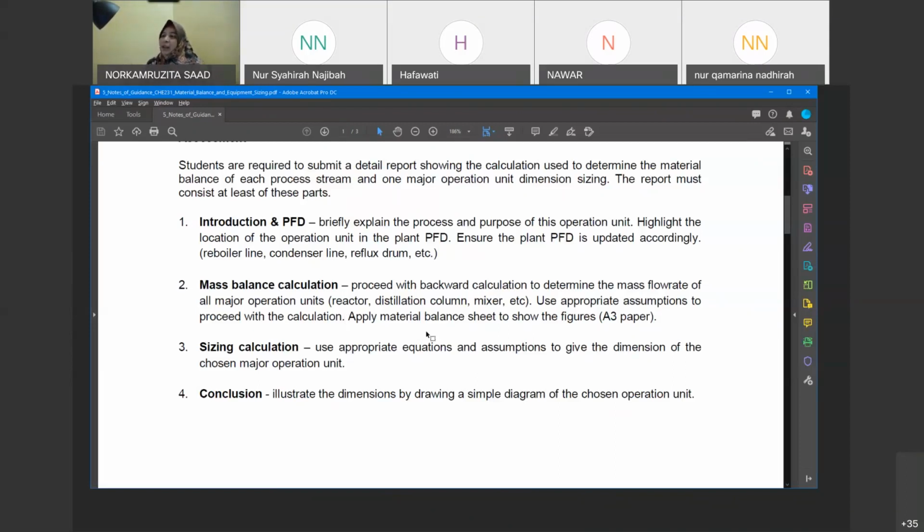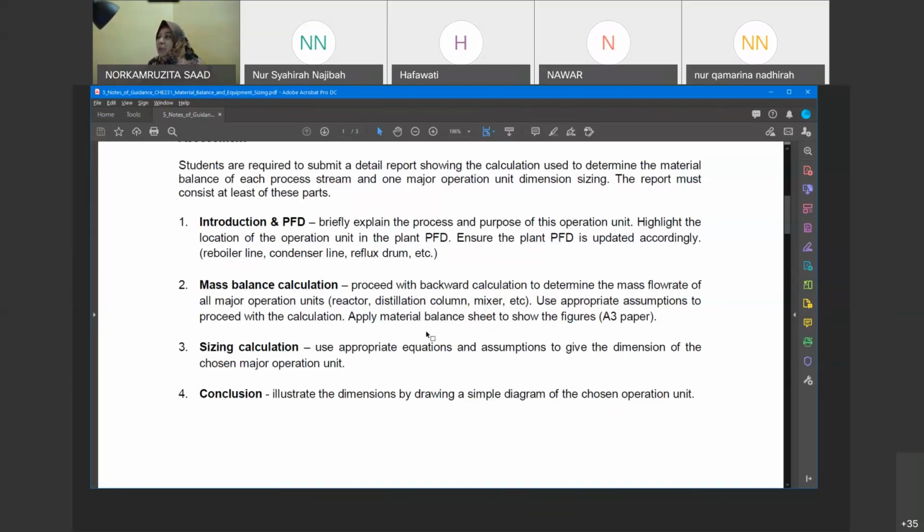So, ingat. You are designing. Ada orang lain pula yang akan build your equipment. Fabricate your equipment. You design based on the chemical process that you are designing that you would like to produce. Tapi siapa yang buat column tu? Engineering lain.